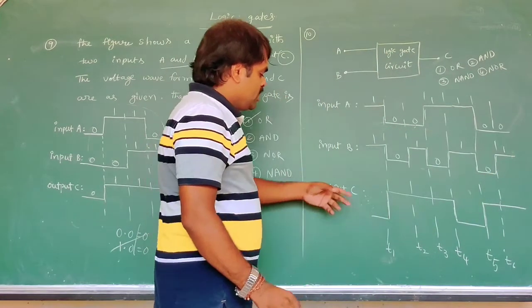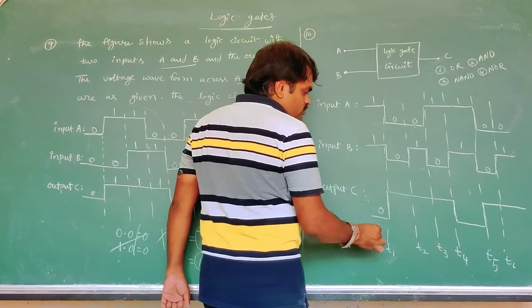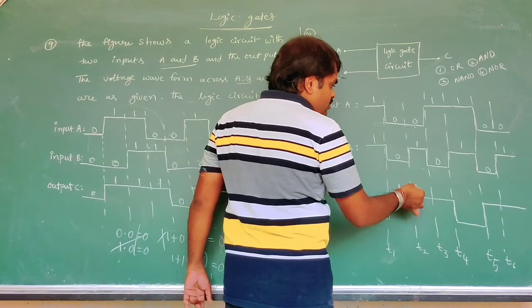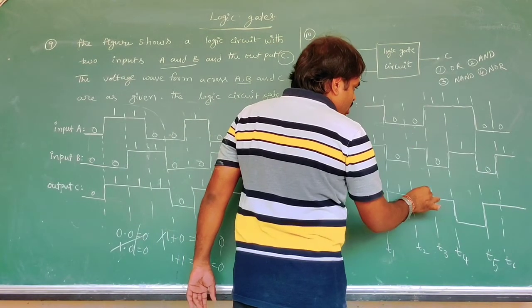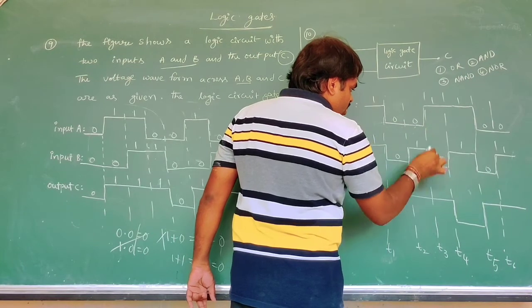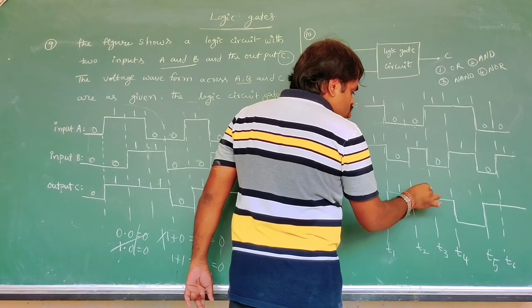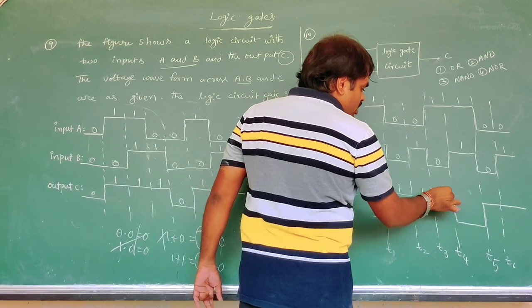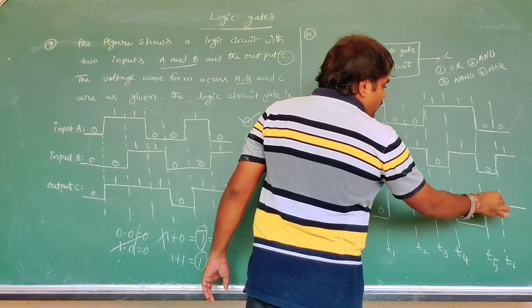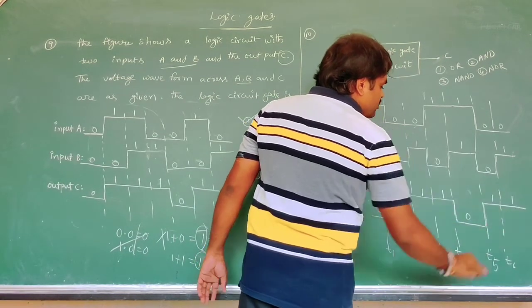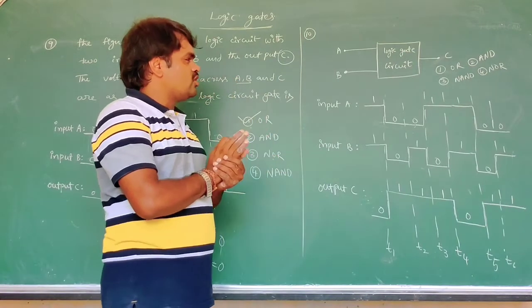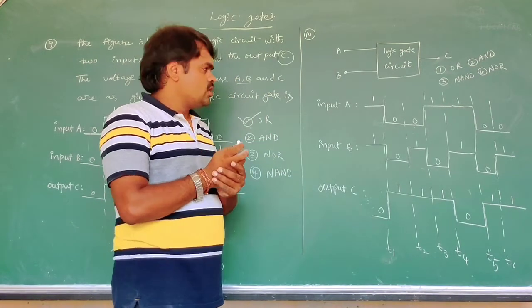See, here in the output: 0, 1, 0, 1, 0, 1. Here they gave 1, here 1, here 0, here 1.